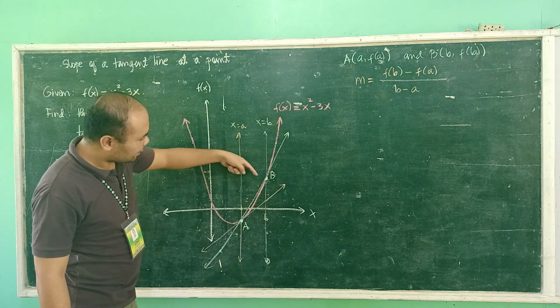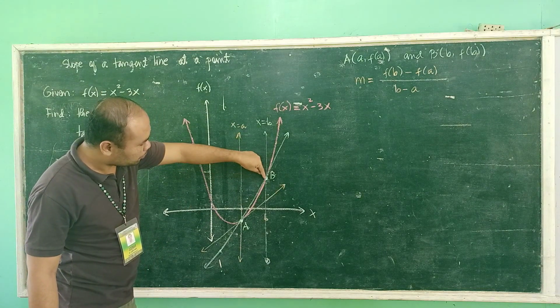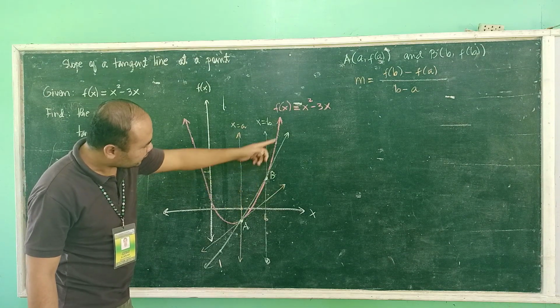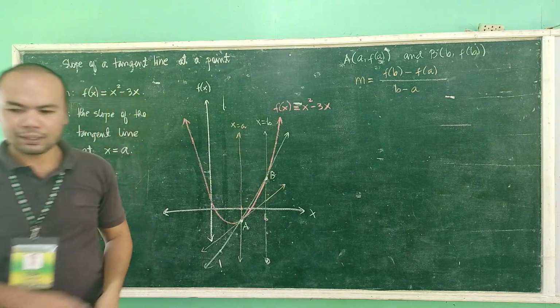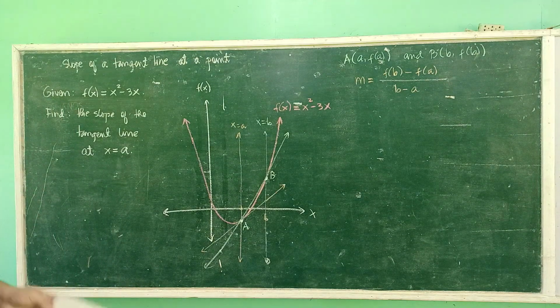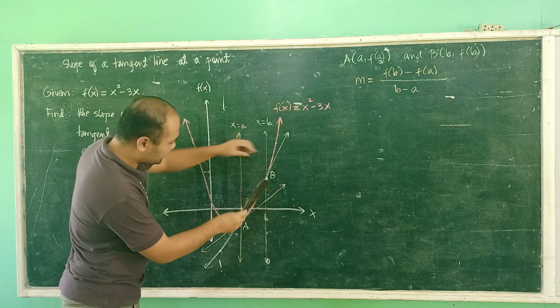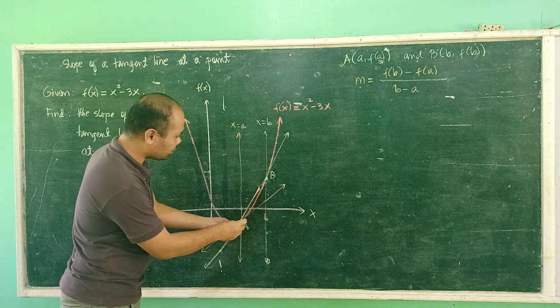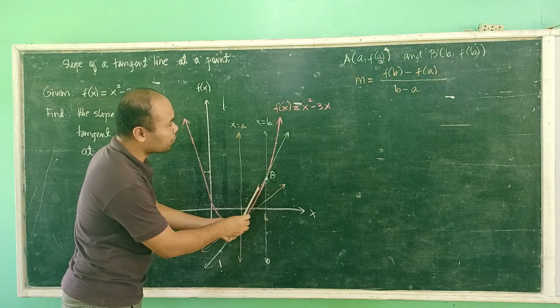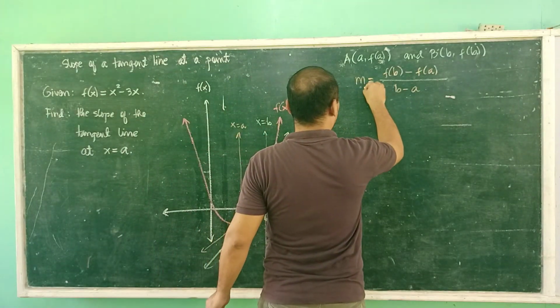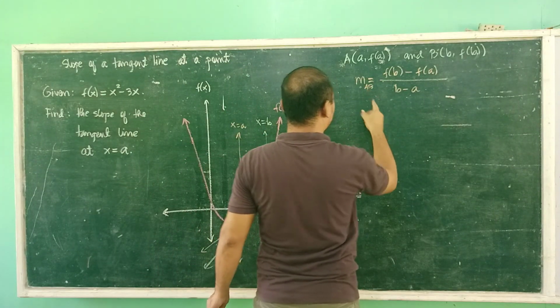Similar idea: if we take this point very near to this point, the second line, that is the second line we are referring to. That's the slope of AB. Let me make this more specific: the slope of the line AB.